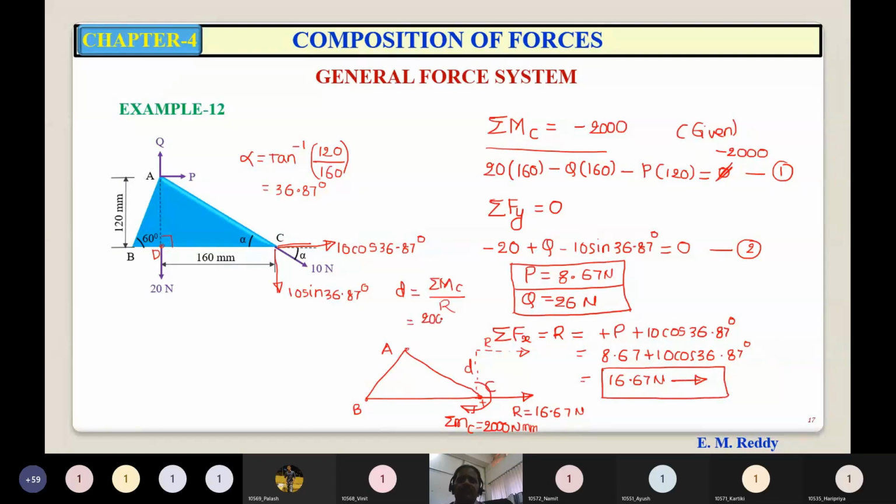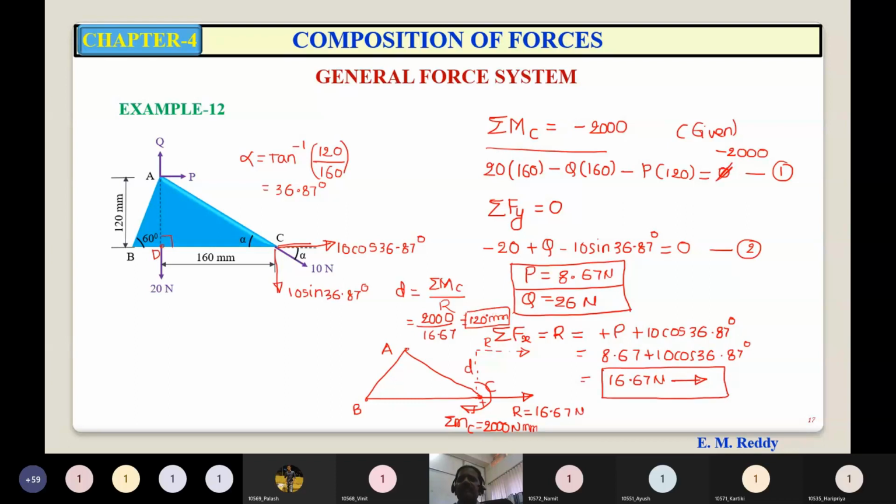So it is 2000 upon 16.67, which is 120 millimeters.